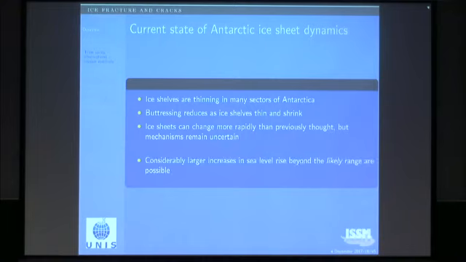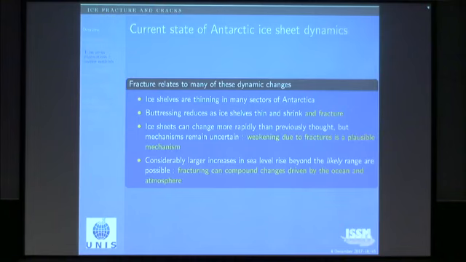And because of some of these processes, we could see considerably larger increases in sea level beyond what the summary reports have estimated thus far. All of these things relate potentially to fractures in the ice, and a lot of this is really not represented very well, or at all, in many of the models used to make projections of the future of the ice sheets.